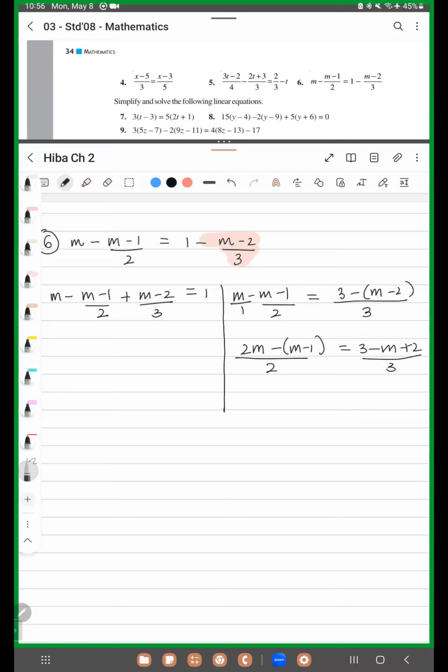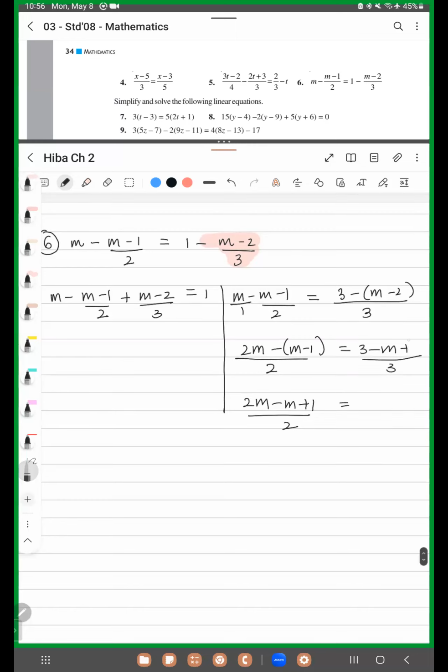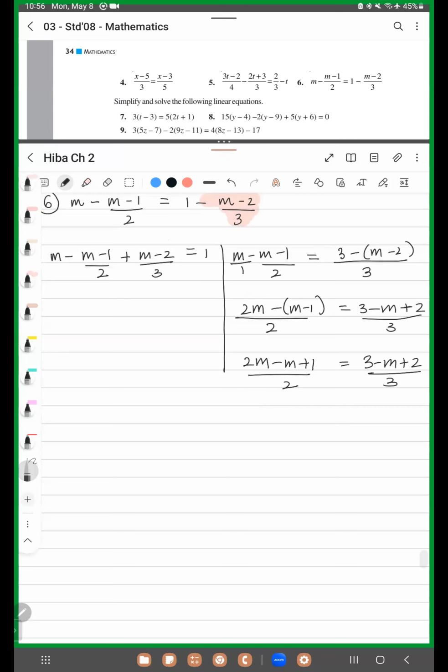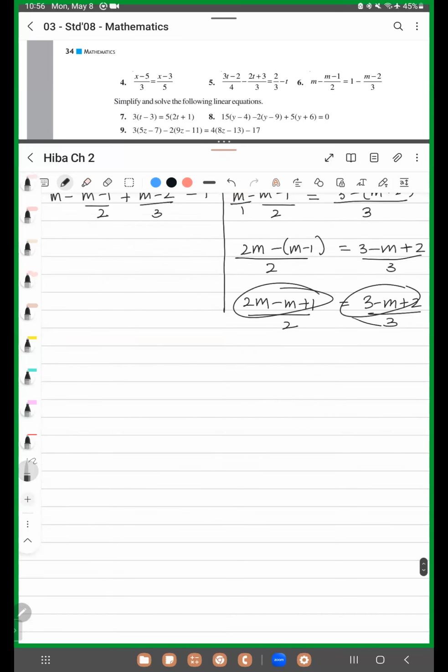So here this becomes 2m minus m plus 1 by 2 equals 3 minus m plus 2 by 3. So then you can solve this and then again what you will have to do is 2m minus m क्या होता है m. 3 plus 2 क्या होता है 5. So it's basically 5 minus m.